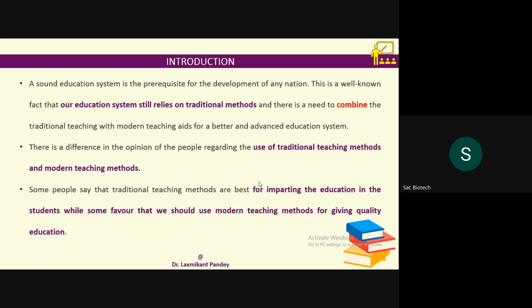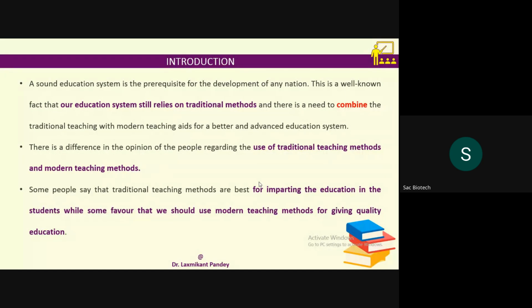So in today's scenario we need to combine the traditional teaching methods with the innovative teaching methods, or you can say today's generation teaching methods. There are two different kinds of persons: one mainly focusing on the traditional teaching methods, and others focusing on the innovative teaching methods.